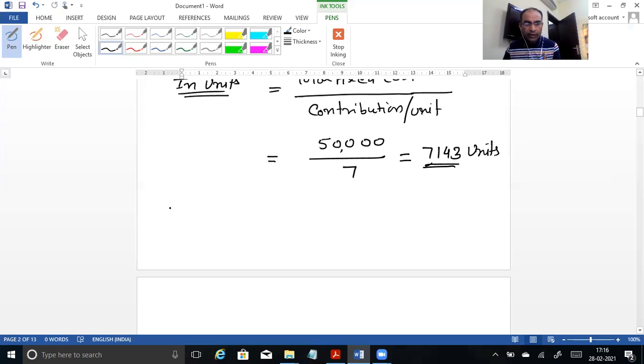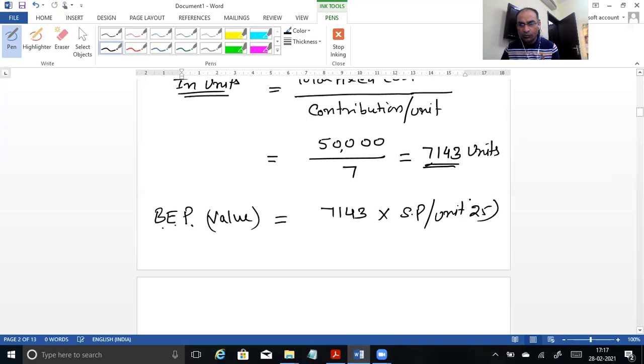If you want to calculate BEP in terms of value, or money, or sales value, it is very simple. Take these 7143 units and multiply by the selling price per unit. Our selling price is 25.